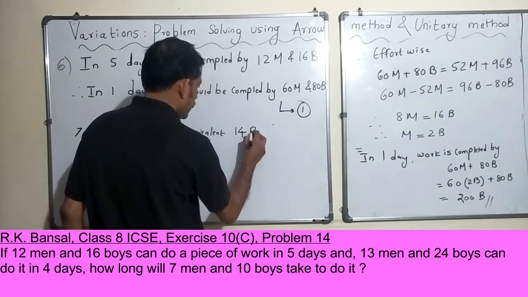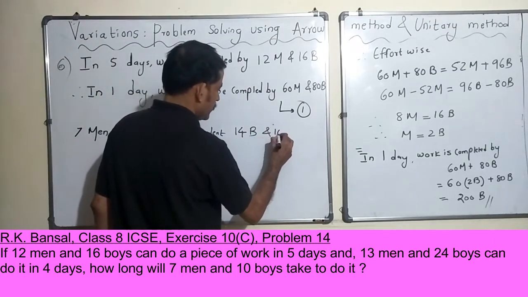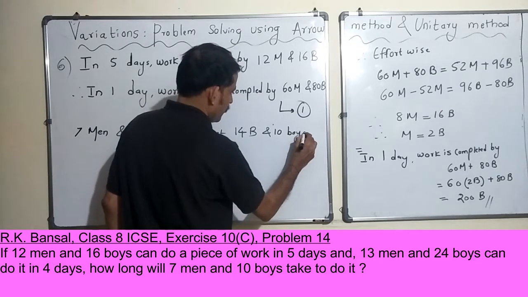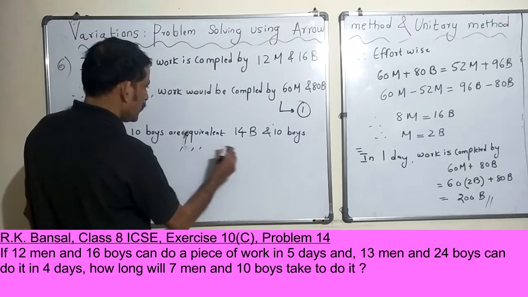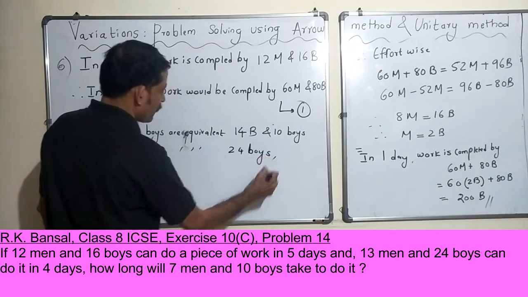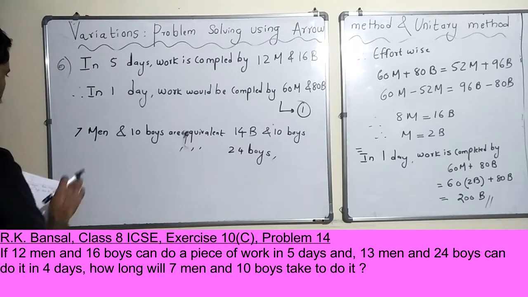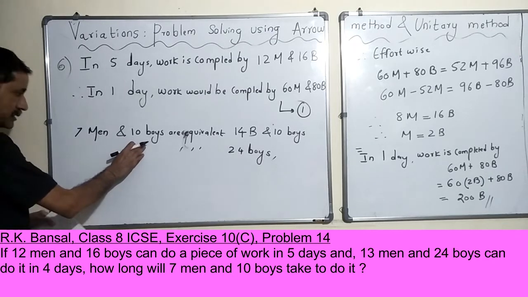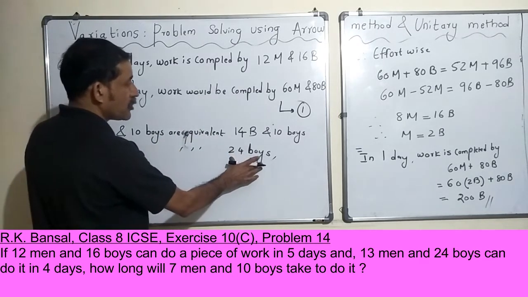And 10 boys are 10 boys. So this is equivalent to 24 boys. So how long will 7 men and 10 boys take to finish? It is equivalent to how long will 24 boys take.